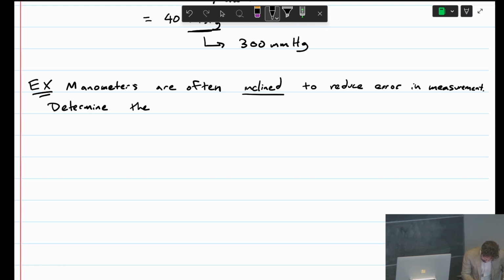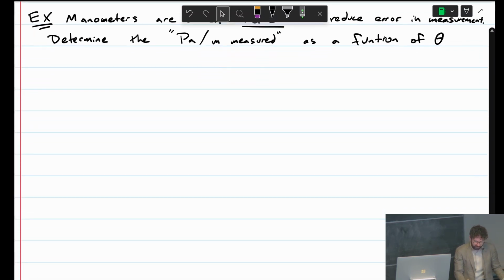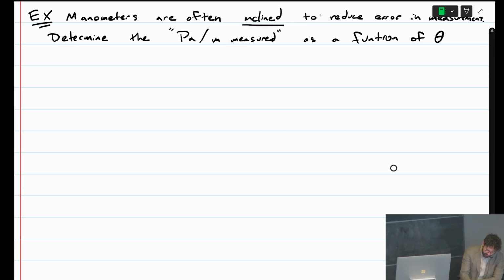I'll call this the Pascal per meter measured as a function of theta. We'll find what theta is here. Say we have something we're trying to measure.